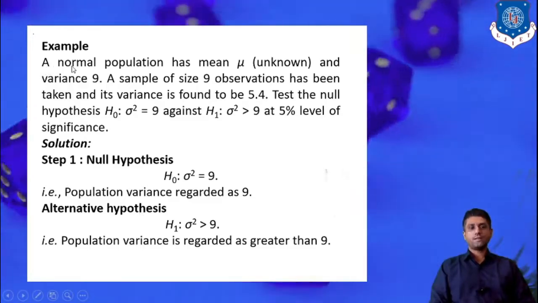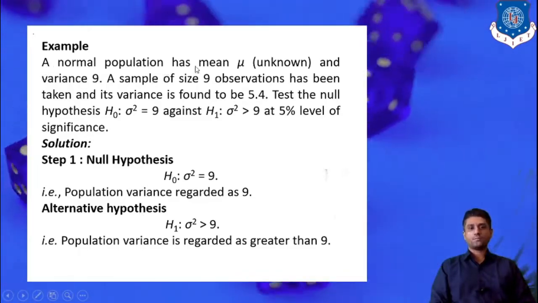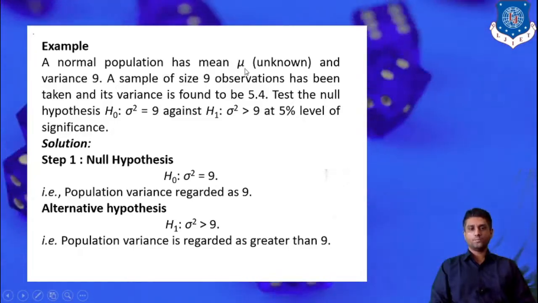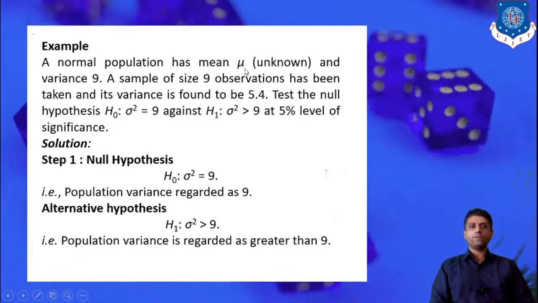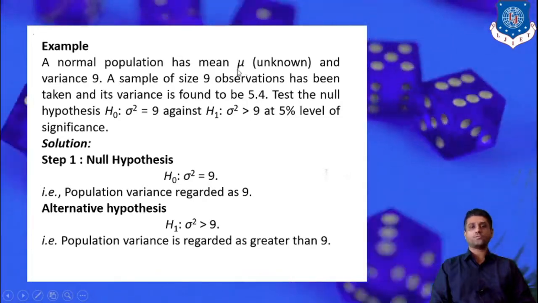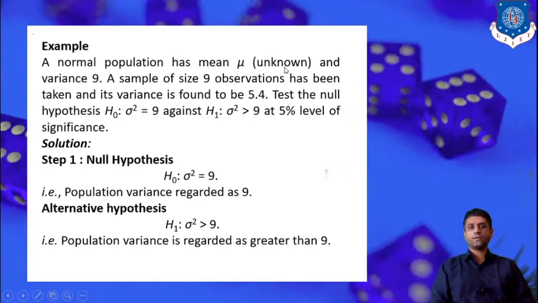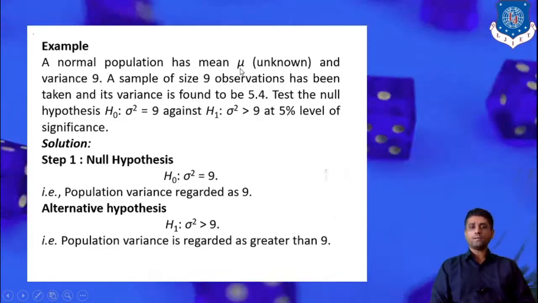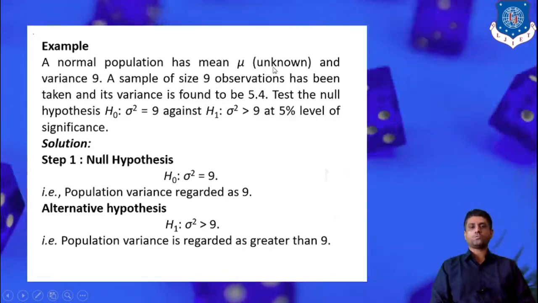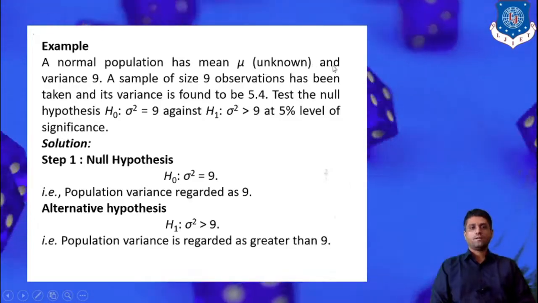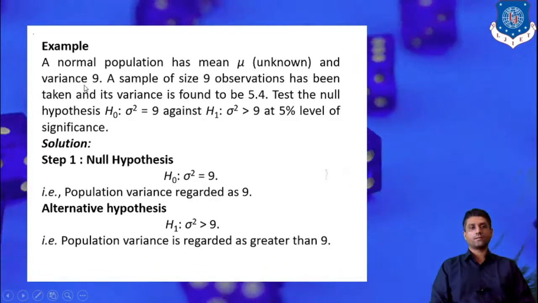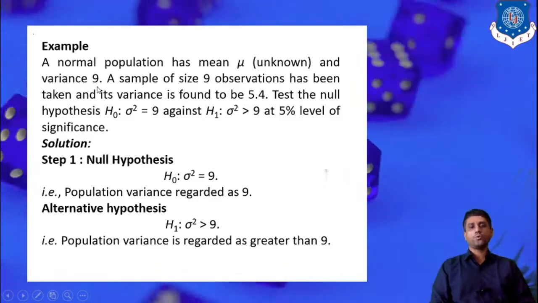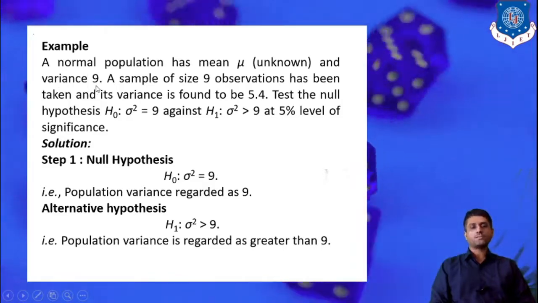The question says a normal population has mean mu. Definitely, when we apply the chi-square distribution, the mean is unknown. If the mean is known, remember, in that case we cannot apply the chi-square statistic. Now the variance, sigma square, is given, so the population variance is known.